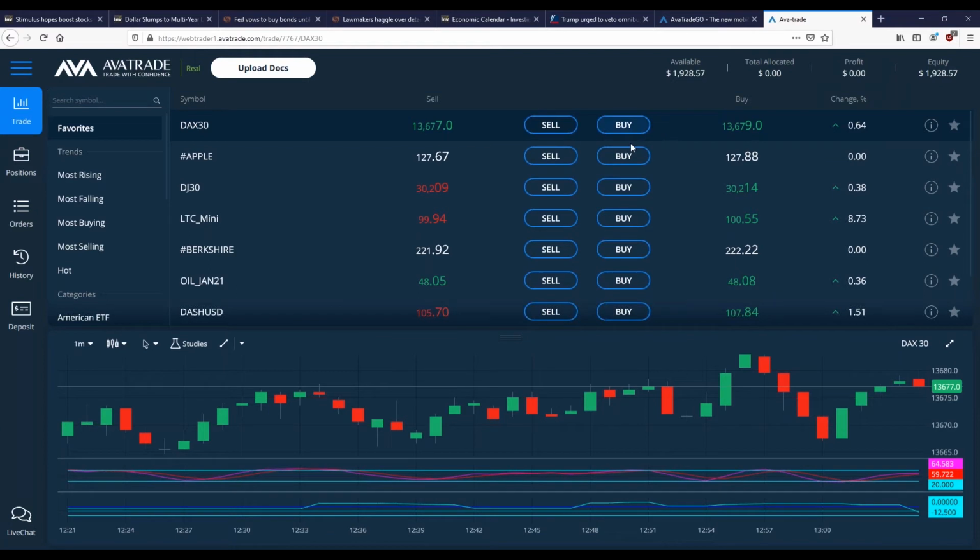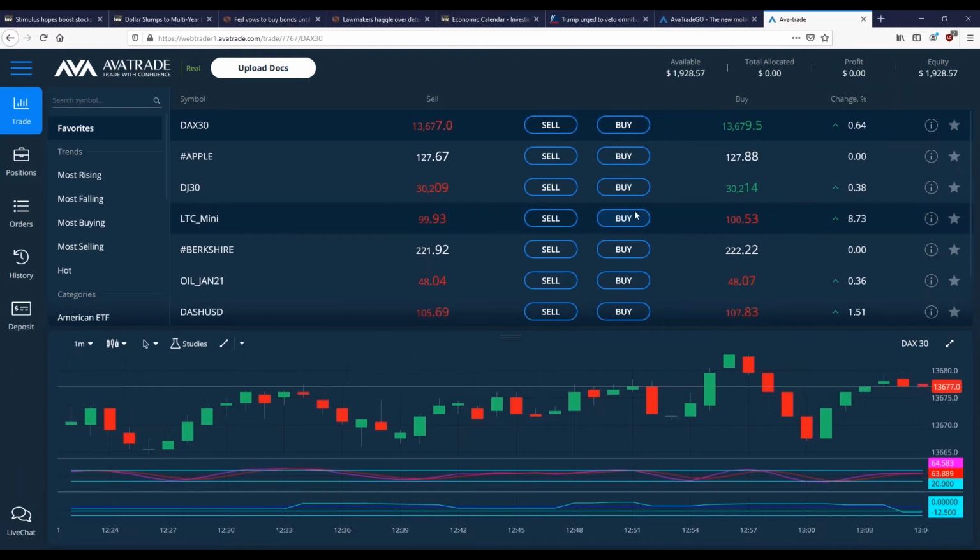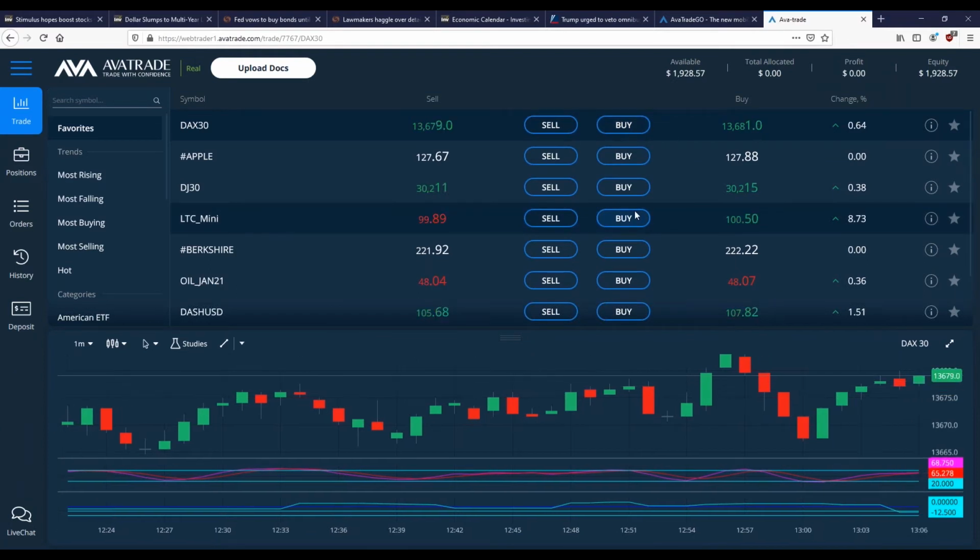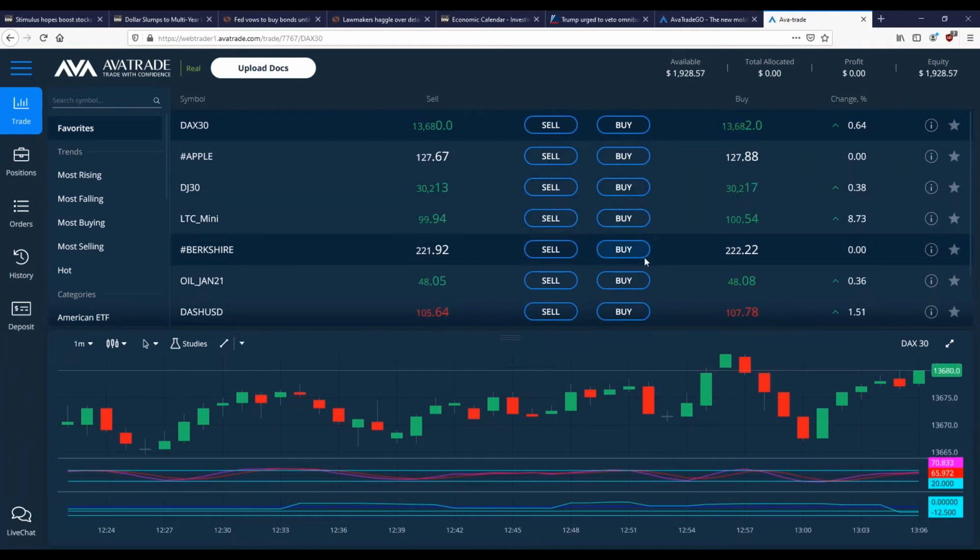Now, what it does is it trades right over top of the MT4 or MT5 account that you've opened. So it's not a different account. It's the same account, just a different user interface. Trades that you open here will show on your MT4 or MT5 platform as well, and vice versa. But what's nice about this platform are the added features.